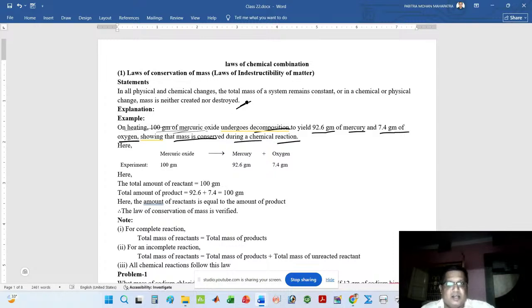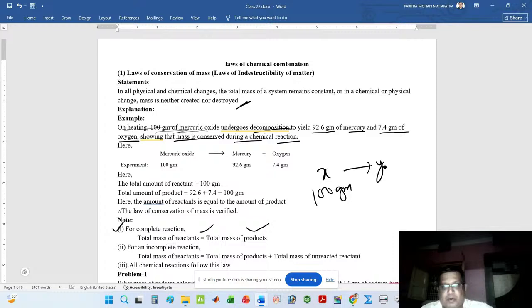As per the statement of the law of conservation of mass, for a complete reaction, the total mass of the reactants is equal to the total mass of the products. Suppose I take a reaction, X gives Y. Suppose the amount of X I have taken is 100 gram.